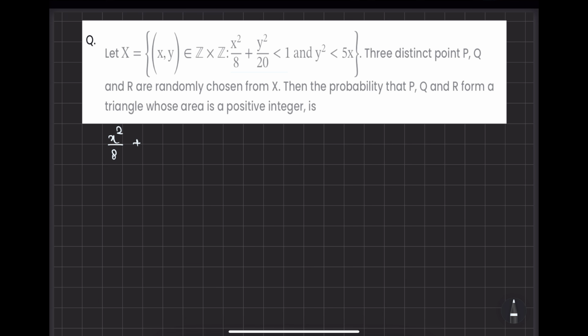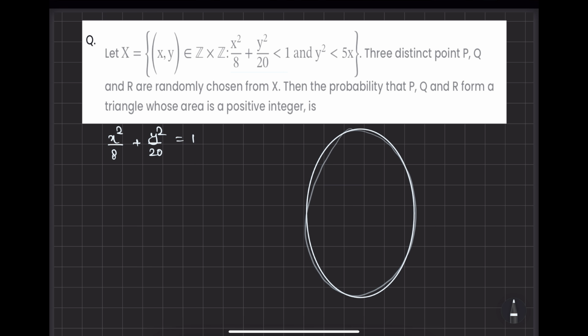So x square by 8 plus y square by 20 equals 1. So you know that here b is bigger. So if b is bigger, you know it is a vertical ellipse. So suppose that this is your vertical ellipse.